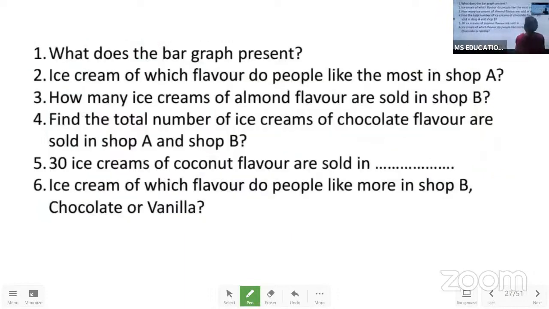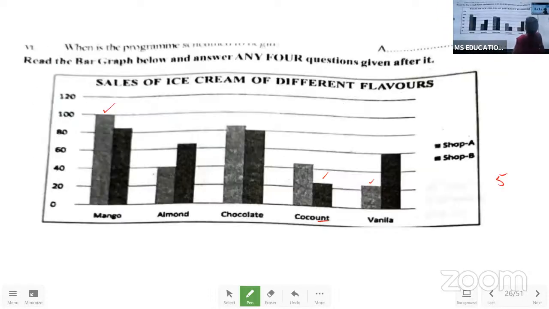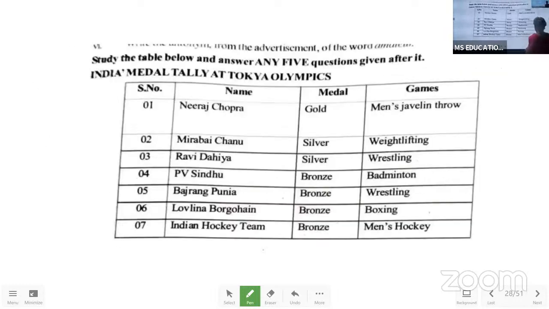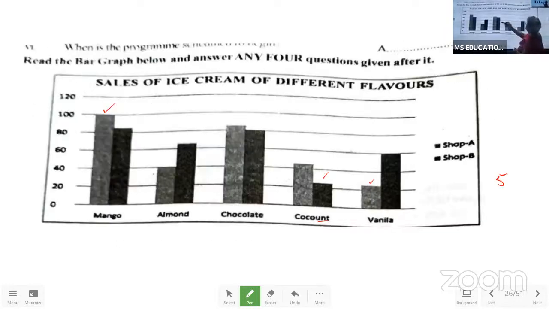Now going on to the question, what does the bar graph present? The bar graph presents the sales of ice cream of different flavors. Ice cream of which flavor do people like the most in shop A? It is mango. Shop A, it is mango.